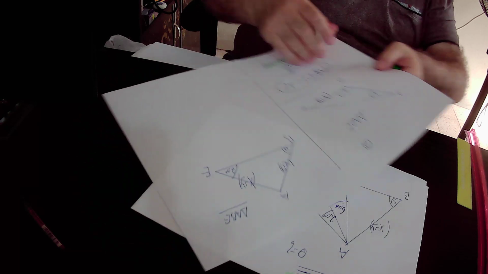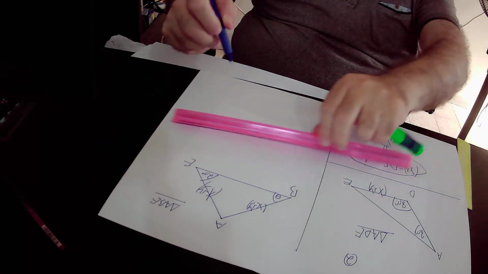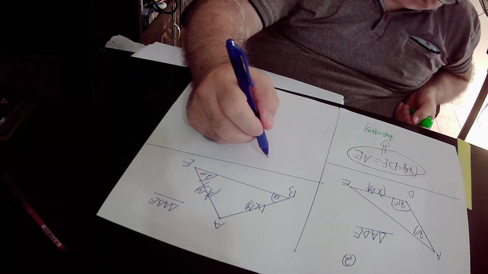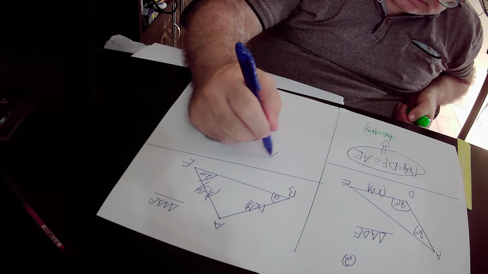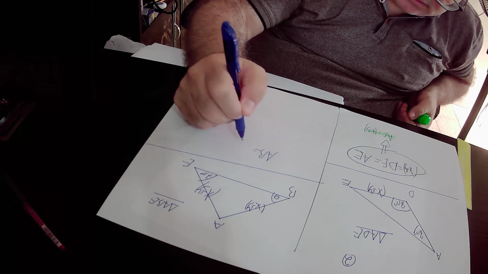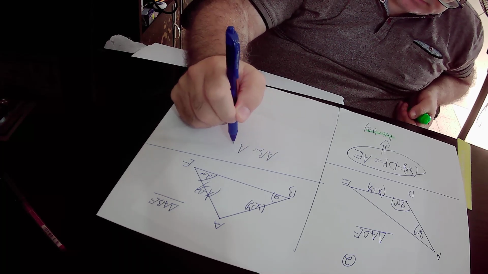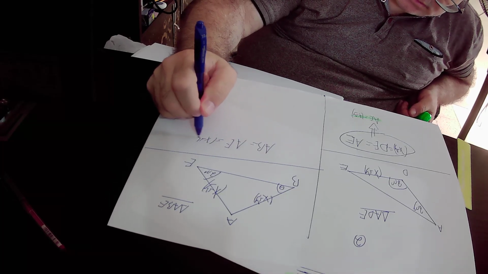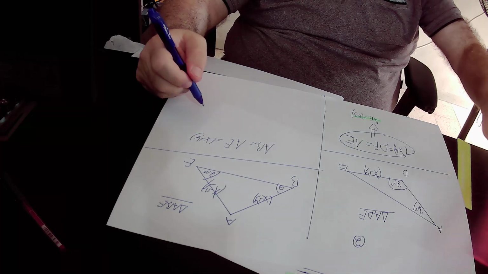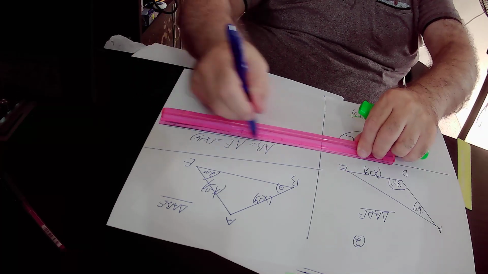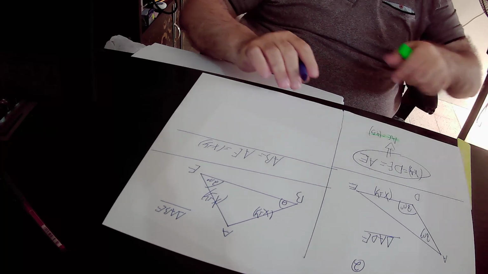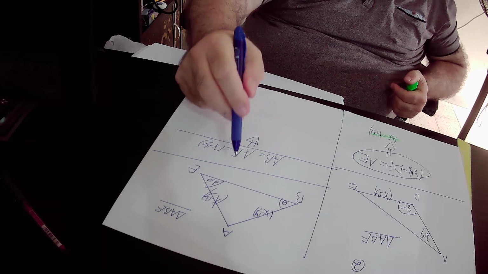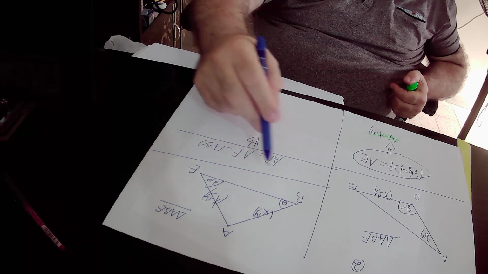So I write it down. Side AB equals side AE, and they're both equal to X plus Y, therefore they are equal to each other. And we have the rule that in front of equal sides in a triangle there are equal angles. So here, in front of this side, we have angle theta.